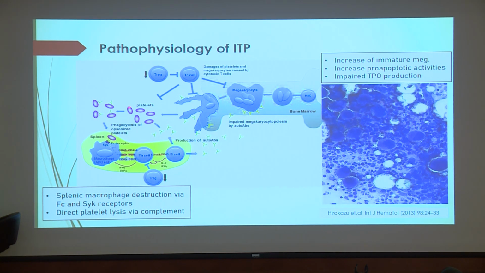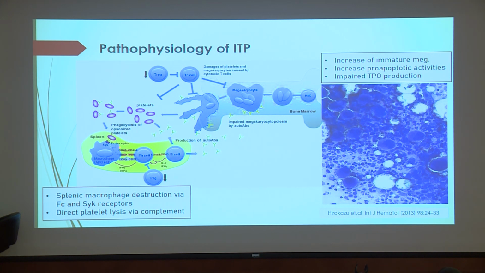Again, opsonized platelets will be phagocytosed mainly by spleen macrophages, but in the liver it might also happen in Kupffer cells, and the phagocytosis will be mediated through FC and Syk receptor, and no wonder that some novel agents will target this mechanism.